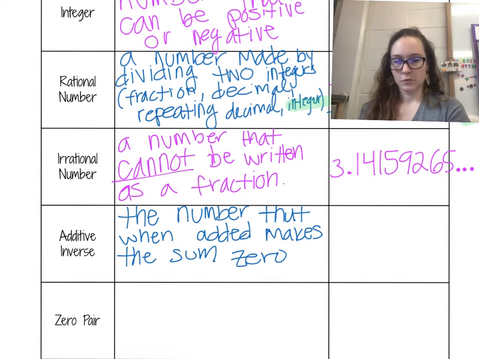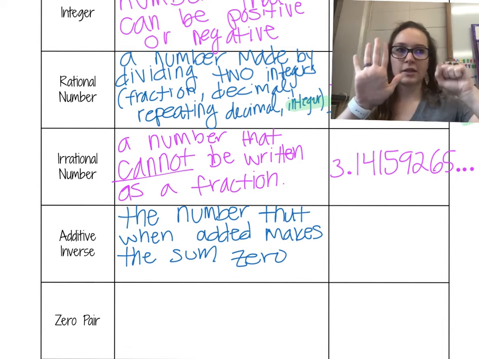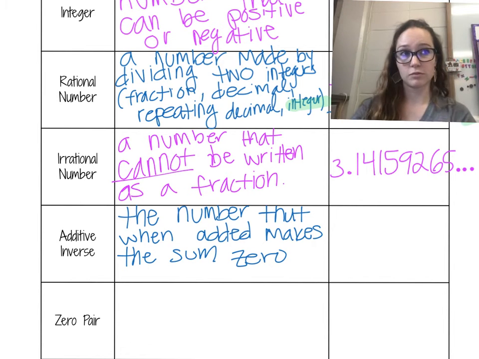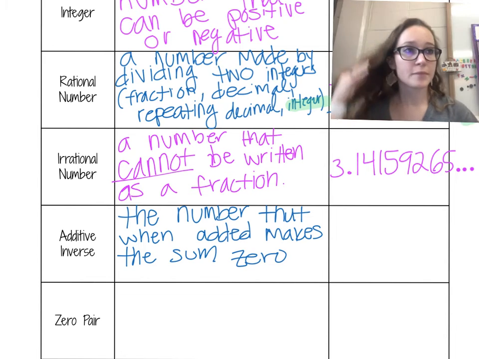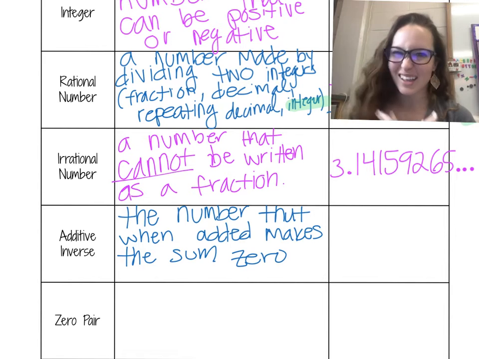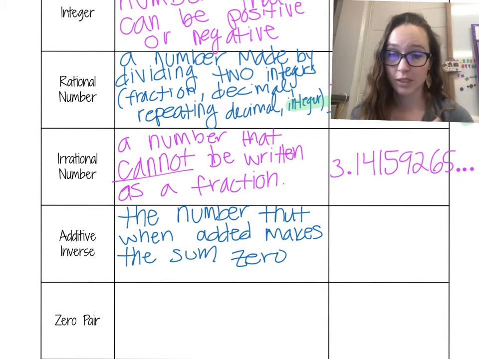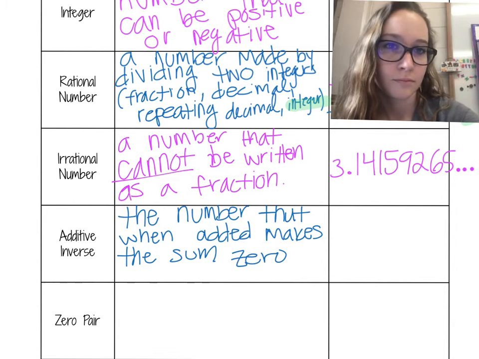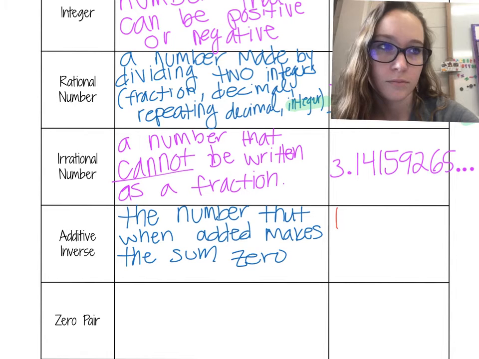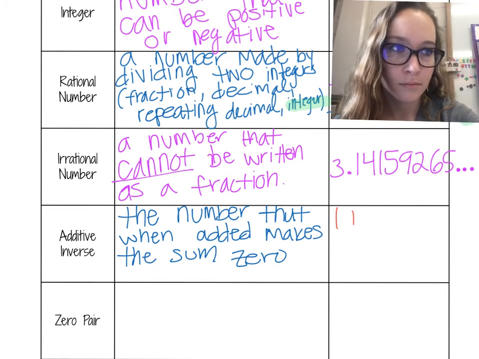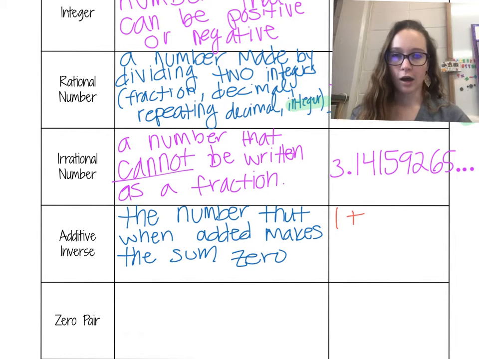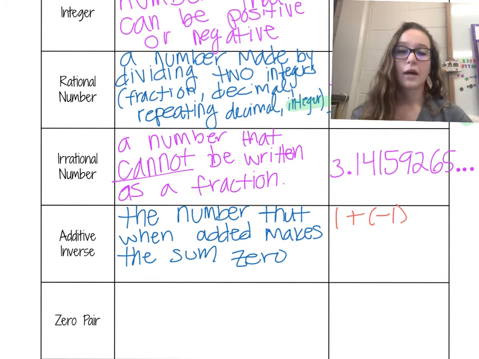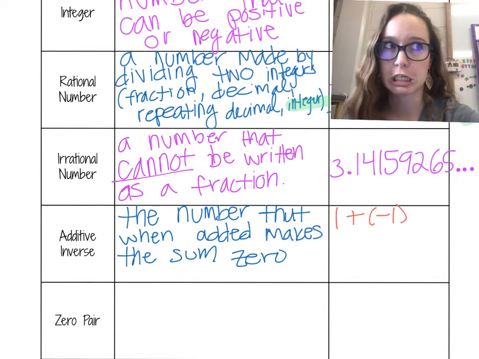So I have one number, I'm going to add something to it. Whatever this number is going to make that equal 0. I like to think of it in terms of money. That really helps me. So if I have $1, and then I spend that $1, so I'm minus $1, I now have $0. Just say that.